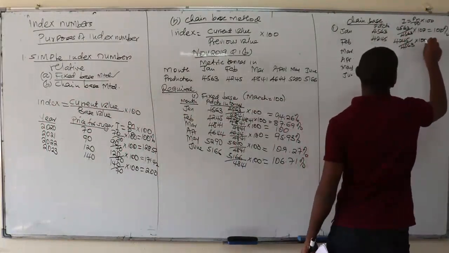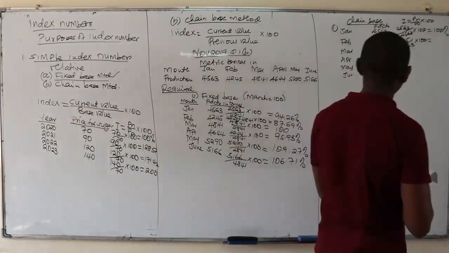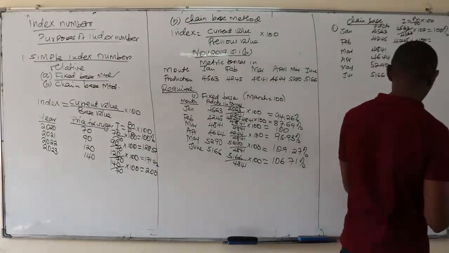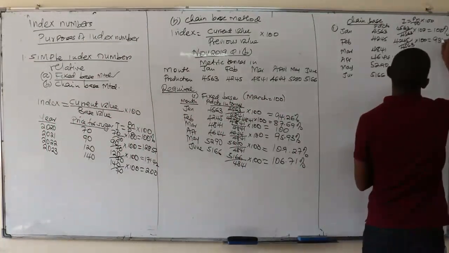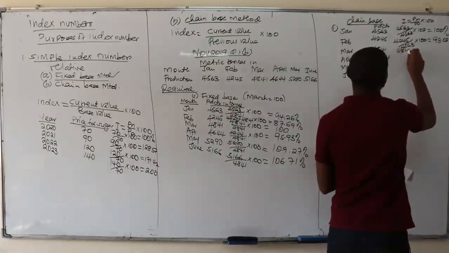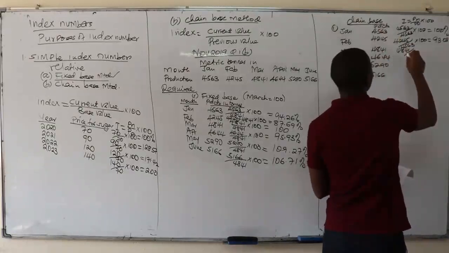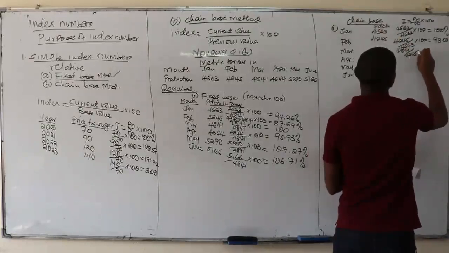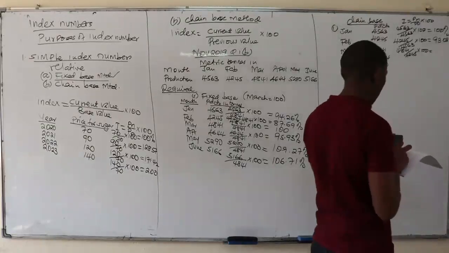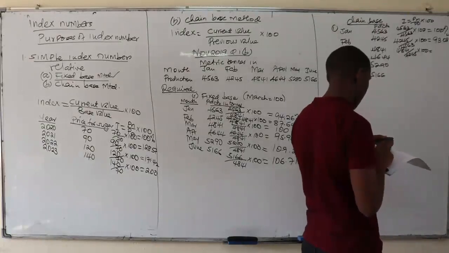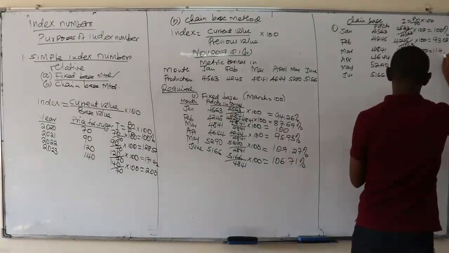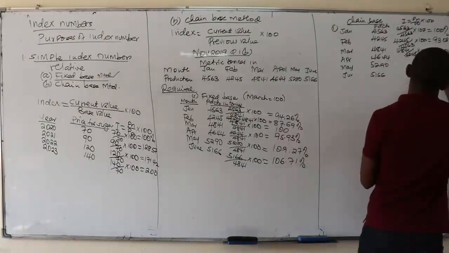You multiply by 100, 4245 divided by 4563, and that will be 93.03%. Still on this, we have 4841. The previous year is 4245, multiply by 100. So 4841 divided by 4245, multiply by 100, which in that case is 114.04%.